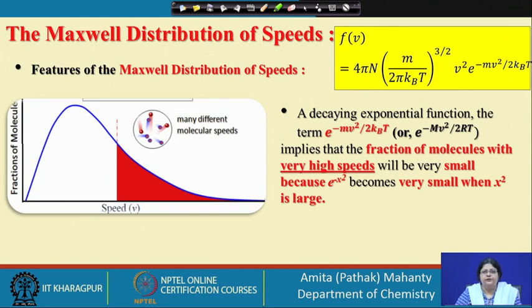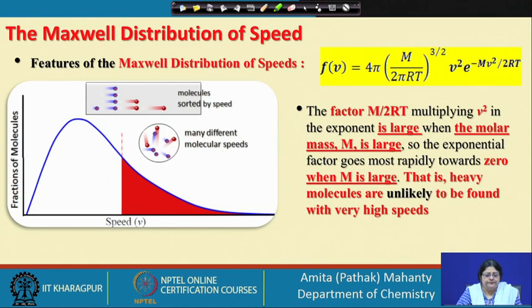The number of molecules with very high speed will be small because you are dealing with the exponential term, say e to the power minus x square. If x represents the velocity, then as the velocities become very large, you have a decay. So the fraction of molecules with very high speed becomes small, just because it is a decay function.